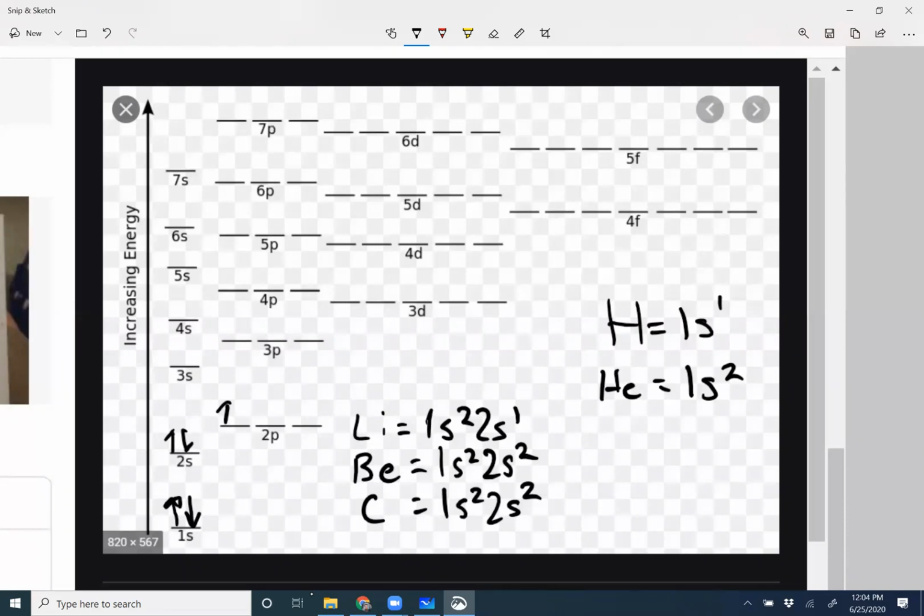When we write nitrogen's electron configuration, we don't see Hund's rule yet. It's not until, what am I skipping? Boron. I skipped boron, sorry. This is boron. This is carbon. That's carbon, 2p2. Boron, which I skipped, 1s2, 2s2, 2p1.